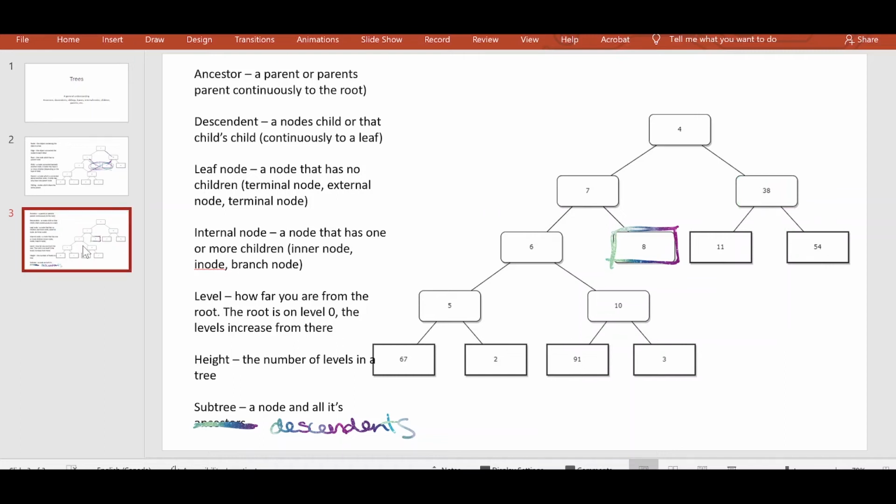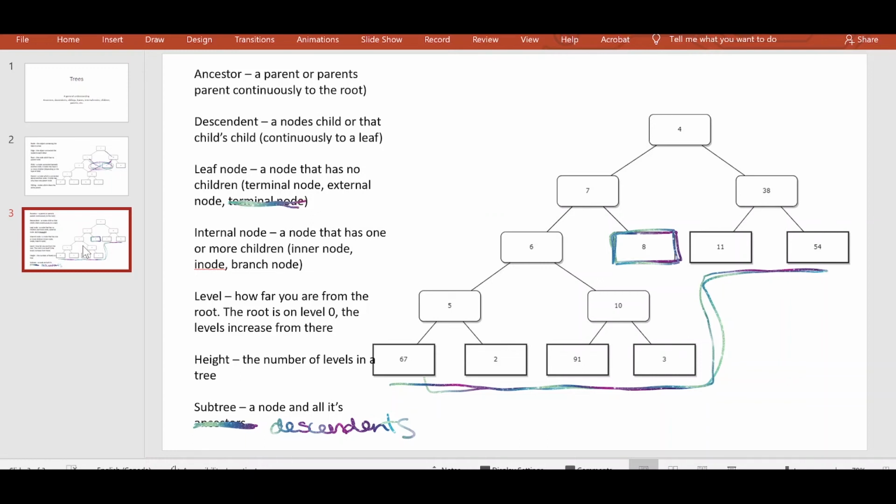But you can see that everything that has a child attached to it is an internal node. They're also called inner nodes, in nodes, and branch nodes, depending on who you're talking to. Anything that has 0 children is a leaf node. So all of these nodes that have black boxes on them and 8, those are all leaf nodes. If it has 0 children, that makes it a leaf node. Leaf nodes are also often called terminal nodes and external nodes.